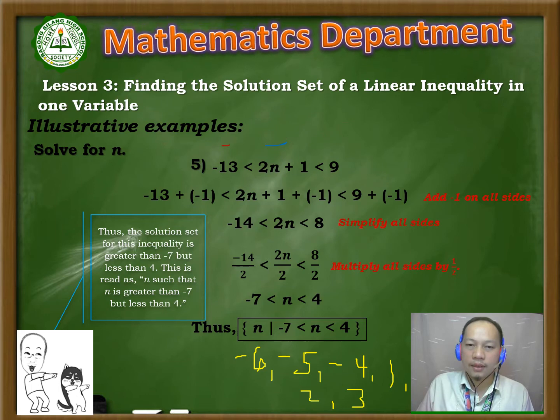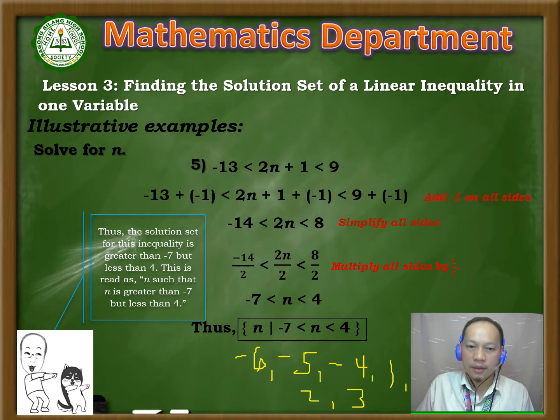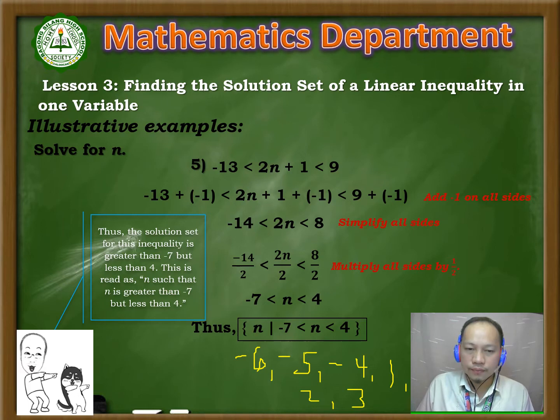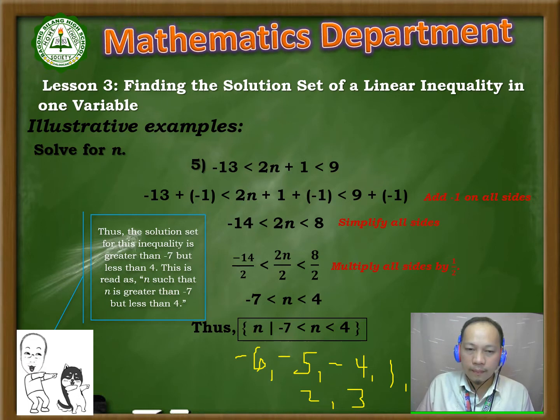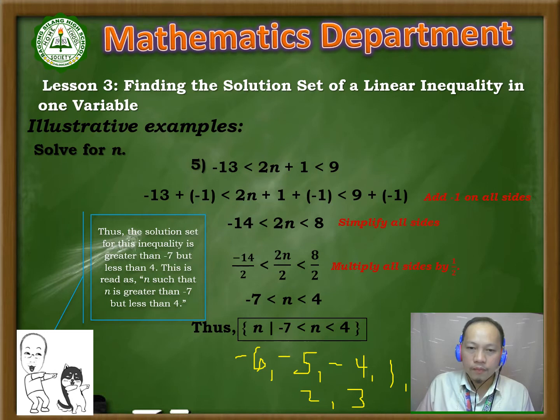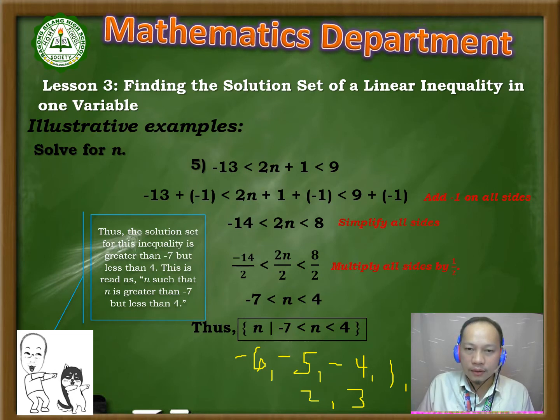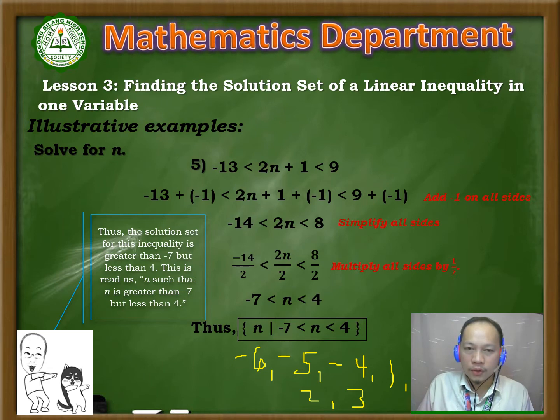Let's erase this one first. Let's try 2. If n is 2, then this must be 2 times 2. 2 times 2 is 4, plus 1, so it's 5.